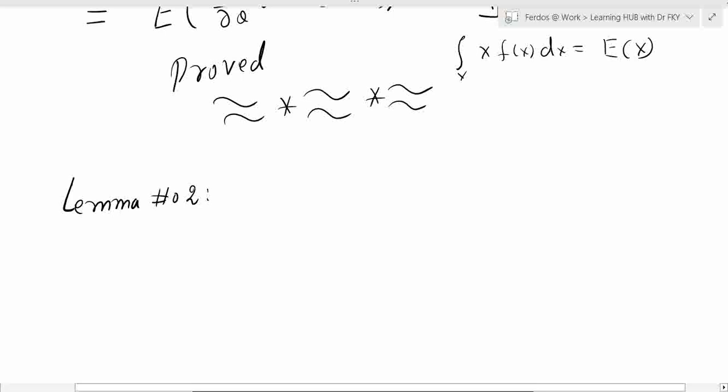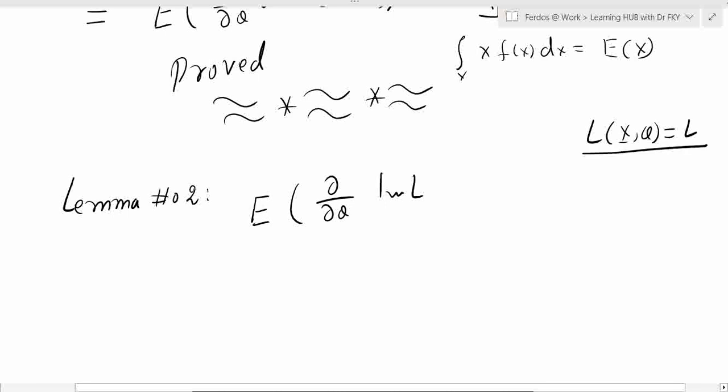This lemma says that we need to prove that the expected value of the partial derivative with respect to theta of the log. I will not write L x theta, I will just say L in this lemma, because this will take time, so I can just write L. So this is the natural log of L.